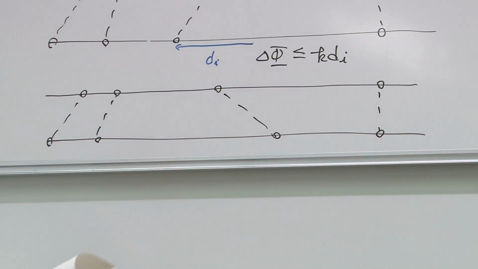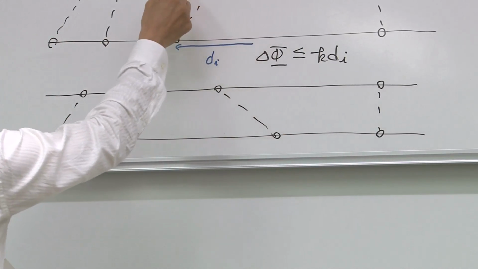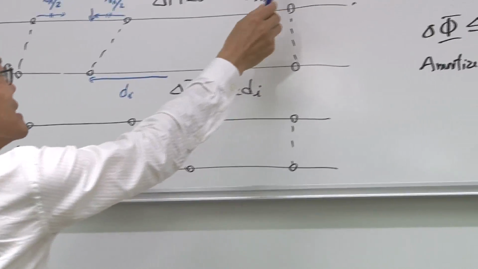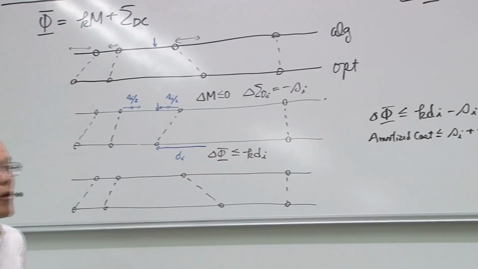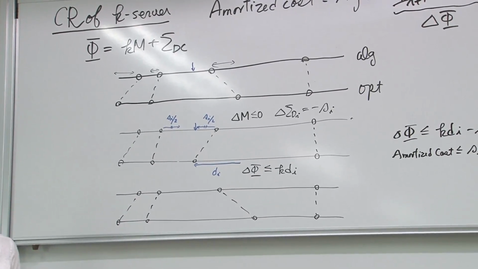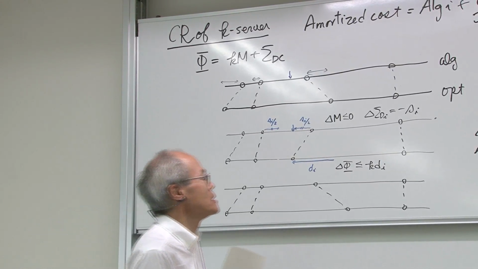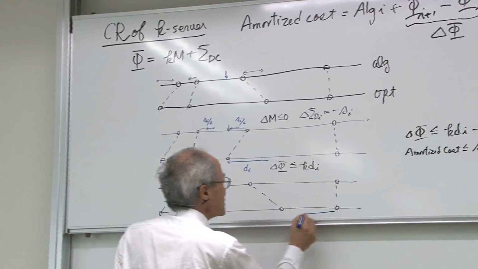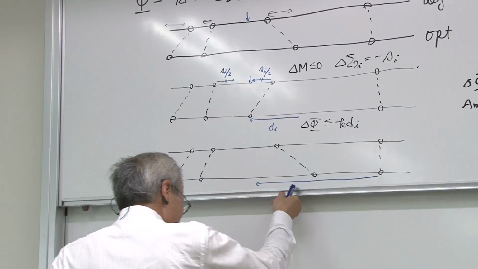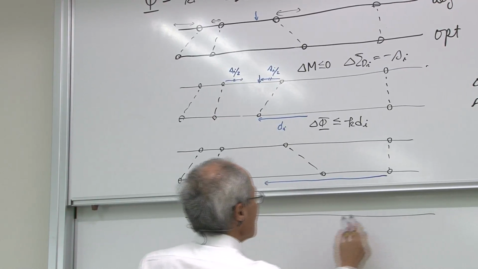I said that this server moves, but why not move this other server? Maybe OPT moves that server. I don't know how OPT selects a server. So maybe this one might move here. Then what happens?